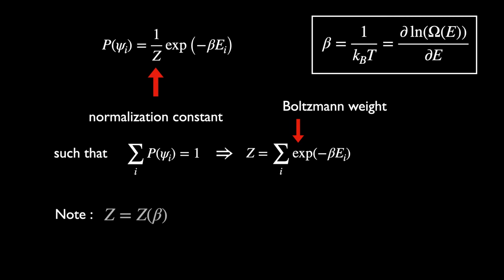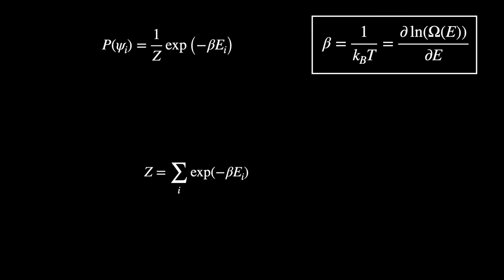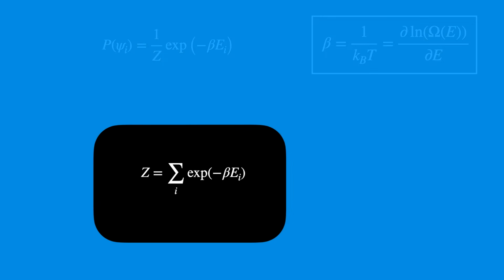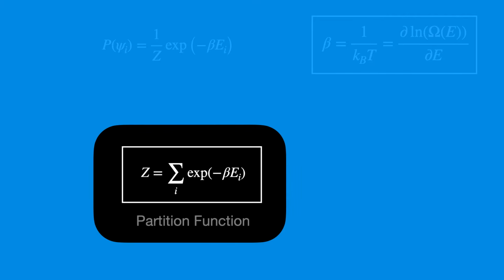Z is defined as a function of temperature through beta. Z is known as the partition function. It contains information about all the microstates available to the system at thermal equilibrium, as well as their relative probabilities. This means all the statistical information about the system is contained within it. Hence, the partition function is the most important function in statistical mechanics.